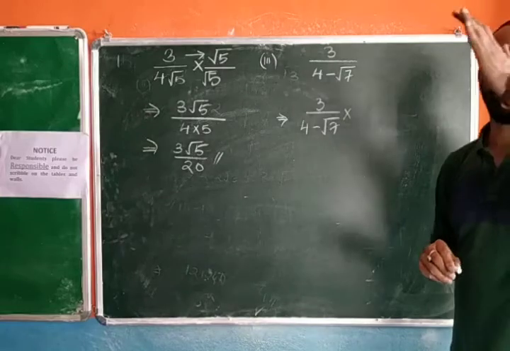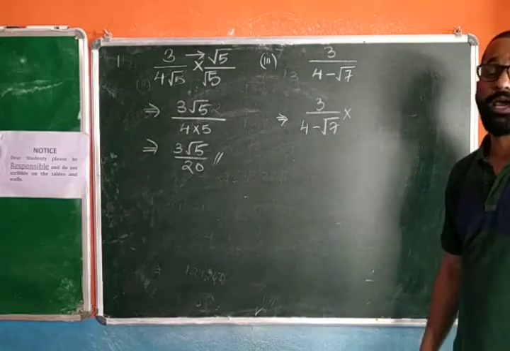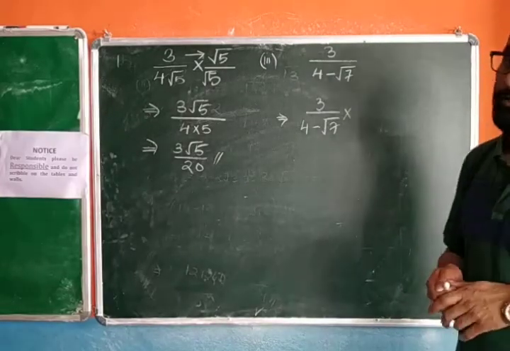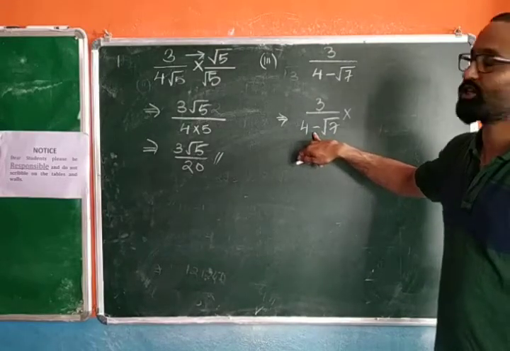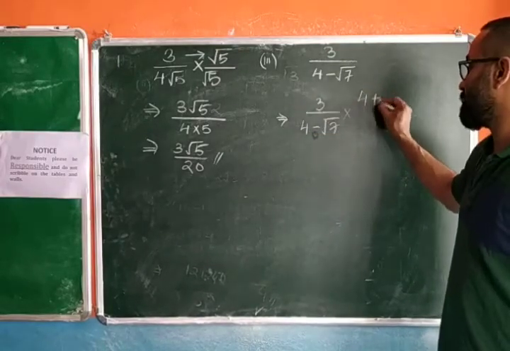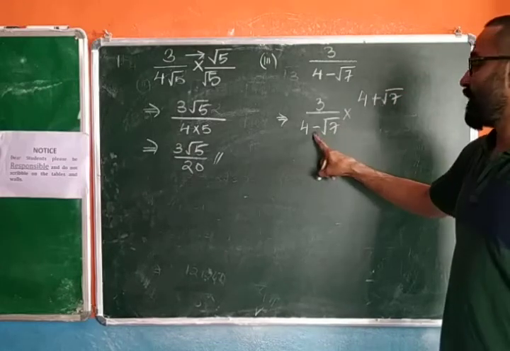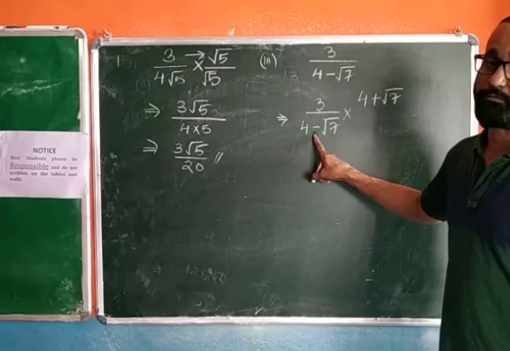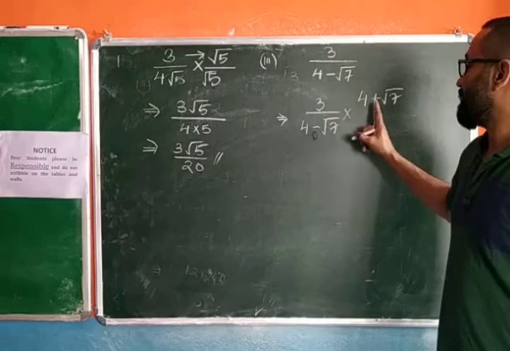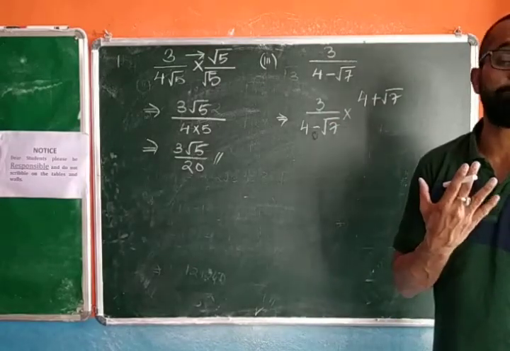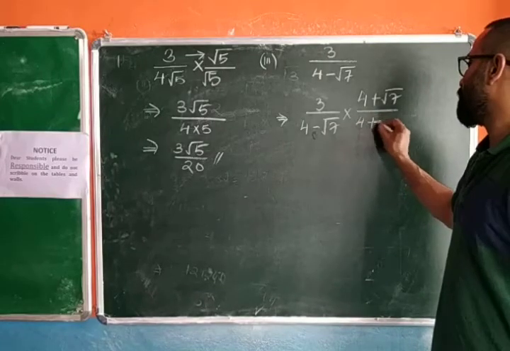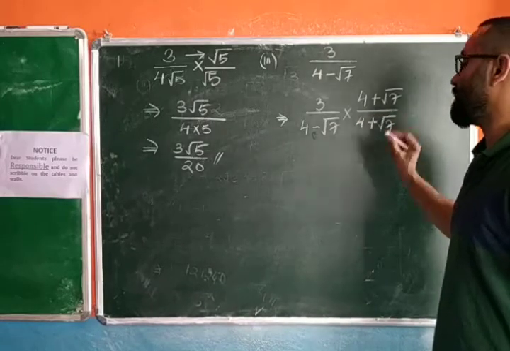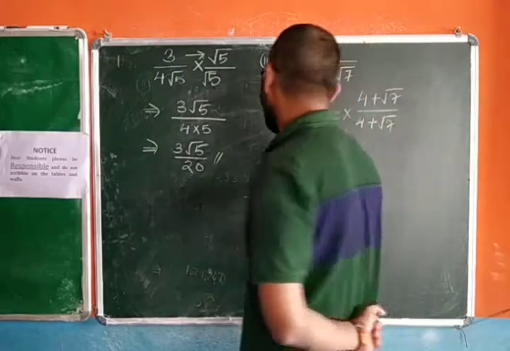Numerator and denominator are multiplied by the rationalizing factor. The rationalizing factor of 4 minus root 7 is 4 plus root 7. If there is a minus sign in between, then the rationalizing factor will have a plus sign. And we multiply both numerator and denominator with that.